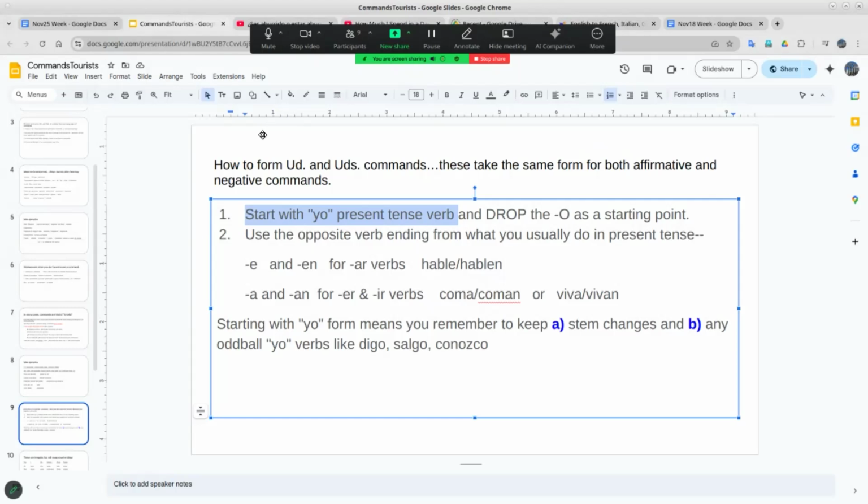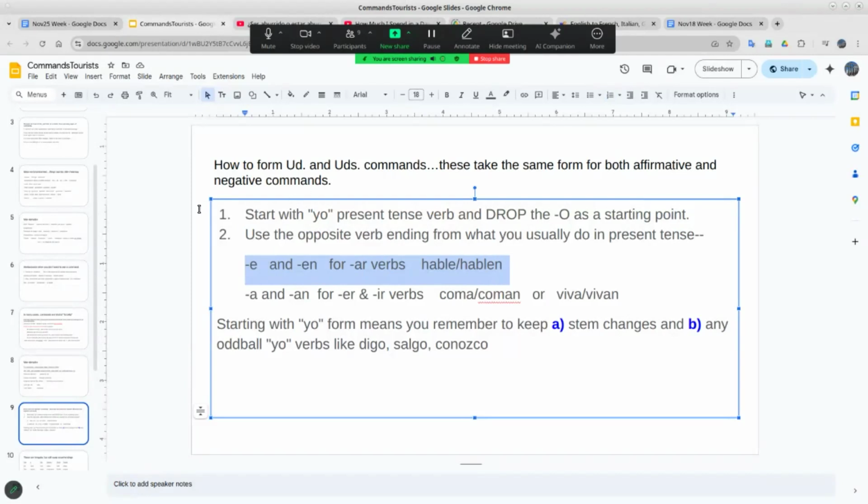So after we start with the yo form and get rid of the O at the end, then we use the opposite verb ending from what you usually do in present tense. So AR verbs get the E and EN endings, like hable, speak, hablen, talk, you guys.